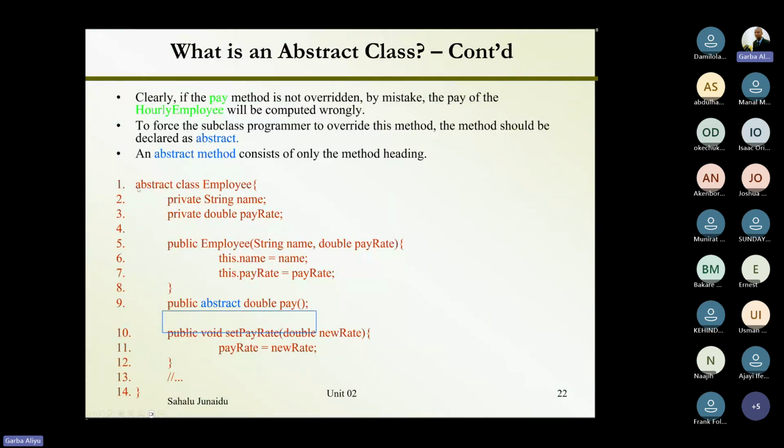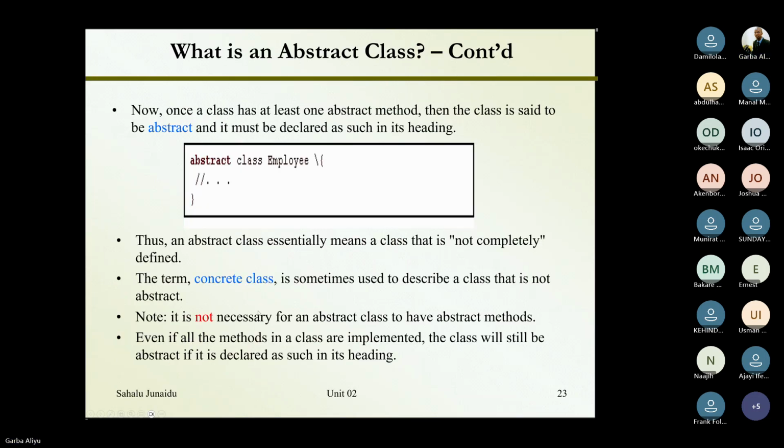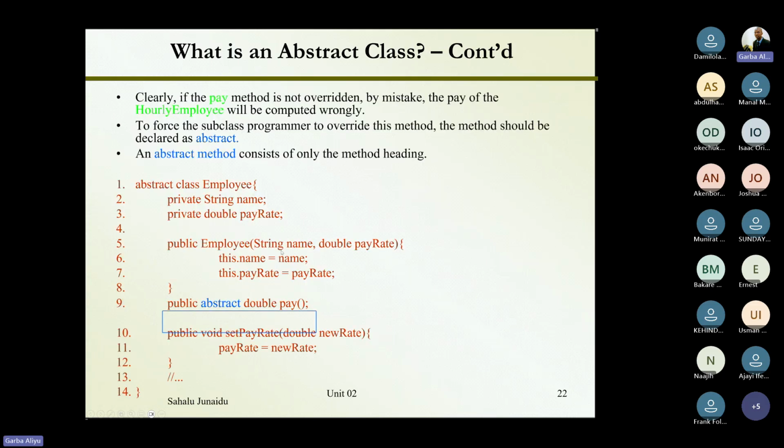But it's possible that we may have the abstract keyword here without an abstract method. So an abstract class essentially means a class that is not completely defined. Why? Because there is a pay method that is not completely defined. So it's incomplete. When we have an incomplete method, the class also is incomplete.